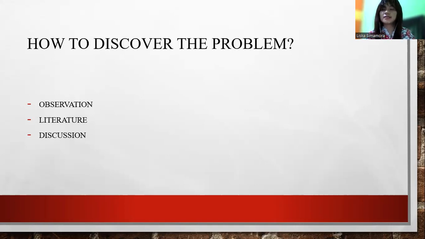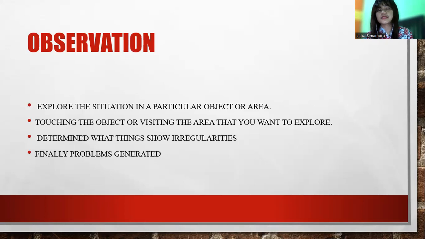The first one is we can discover the problem by doing observation, or we can discover the problem by reviewing literature, or we can discover the problem by joining a discussion. So let's start from the first one. First, discover the problem by doing observation.